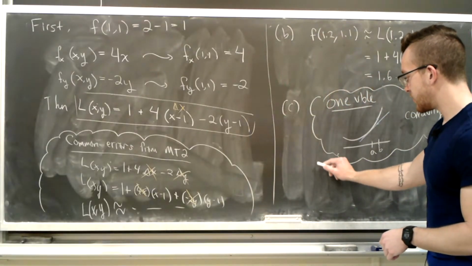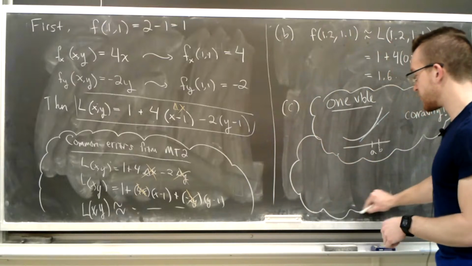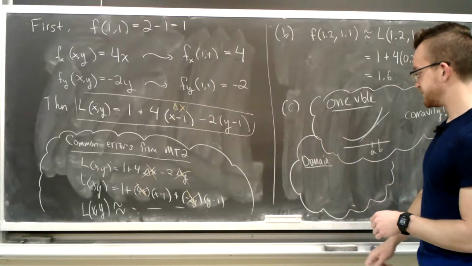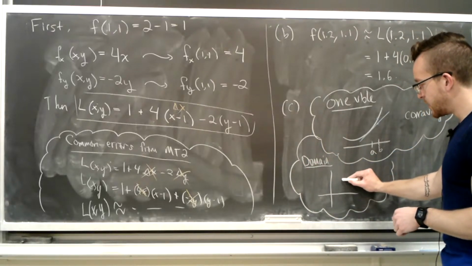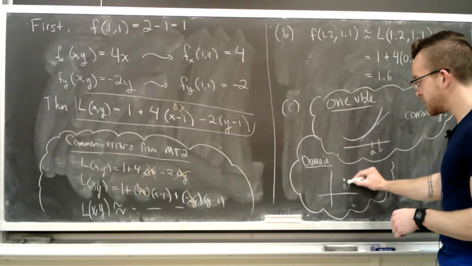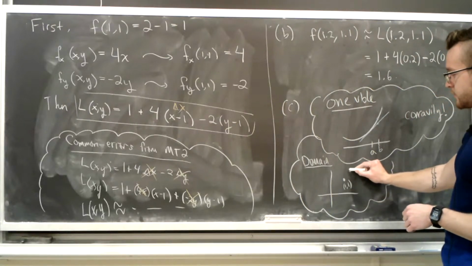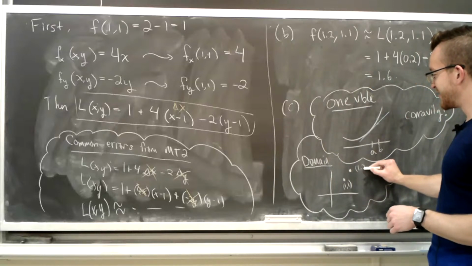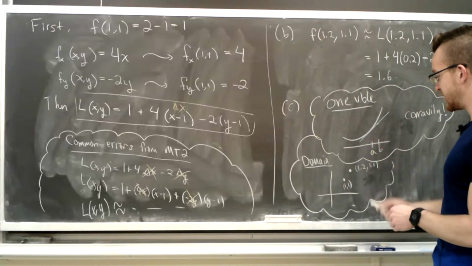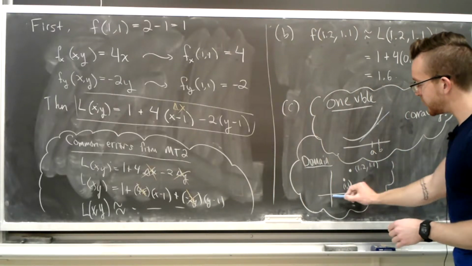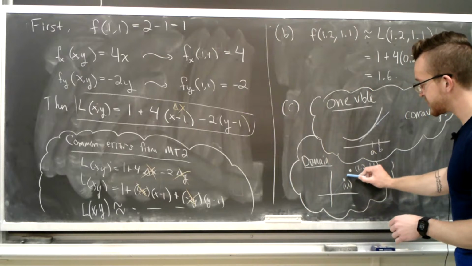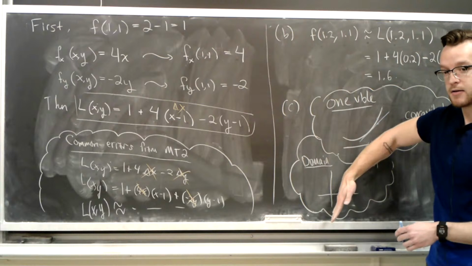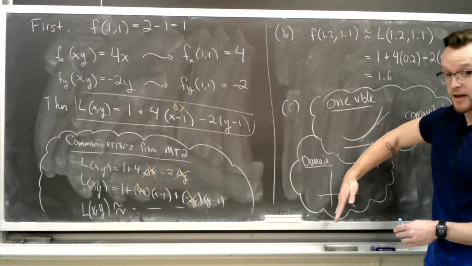Let me draw a picture of our domain. Here's the point 1, 1. Definitely not to scale, but here's the point 1.2, 1.1. Roughly what I want to do is take a trace of the function where I chop like this, and then look at the concavity of that thing.